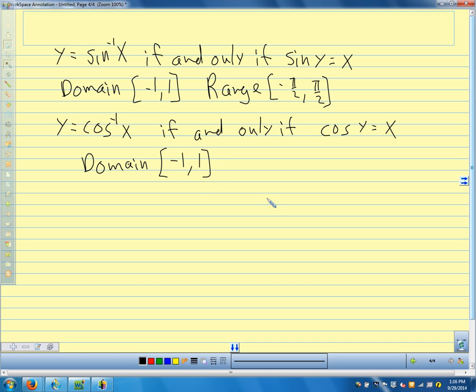No angle has a cosine that's bigger than 1 or smaller than -1. And our range for the inverse cosine function is 0 to pi, because that's where we restricted the domain of our original function. So our angle that we get from the inverse cosine function has to be between 0 and pi.